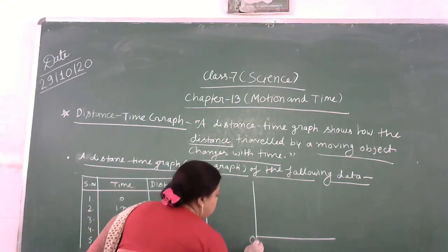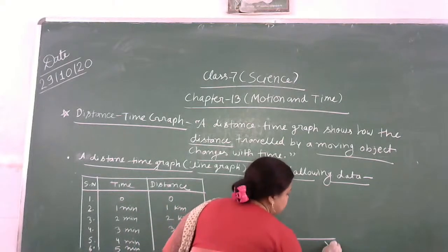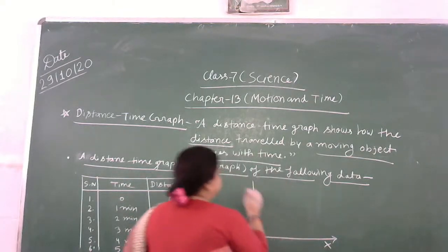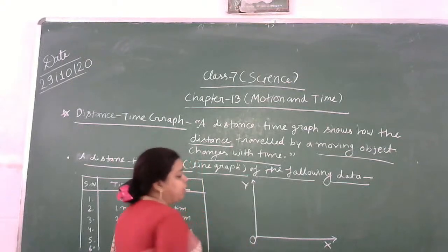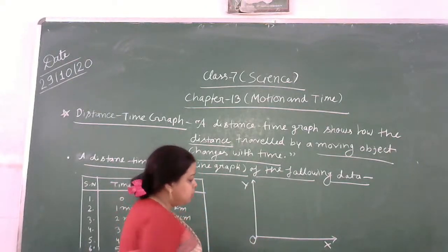Suppose this is O, this is the x-axis and this is the y-axis. This represents time.